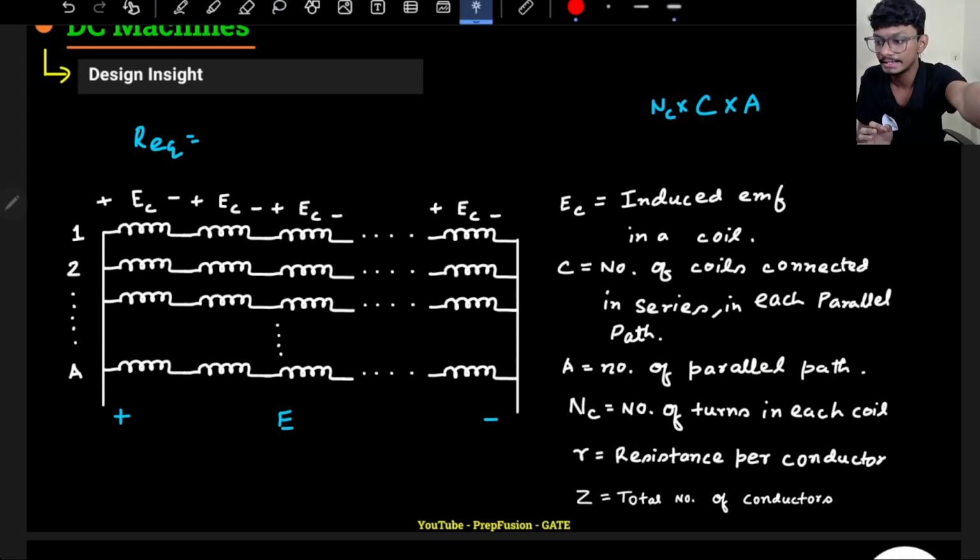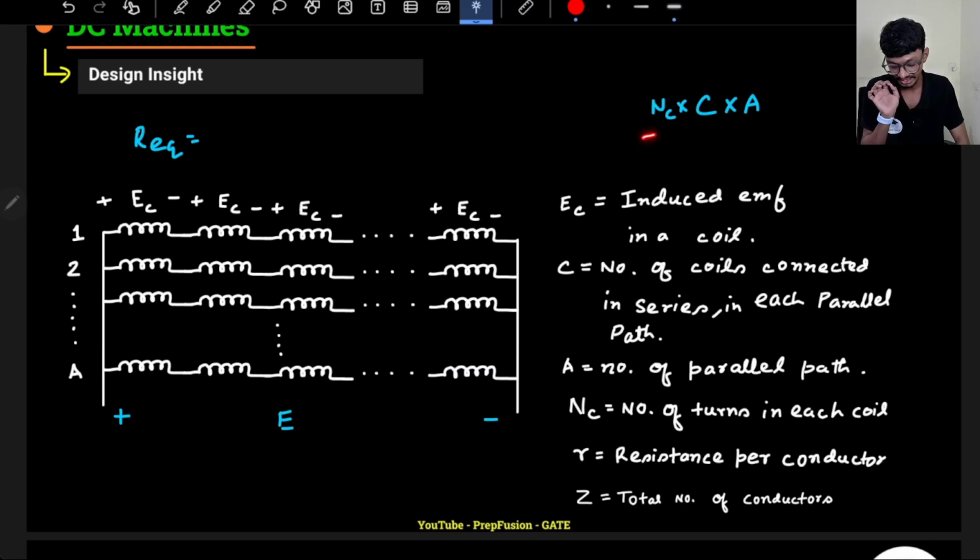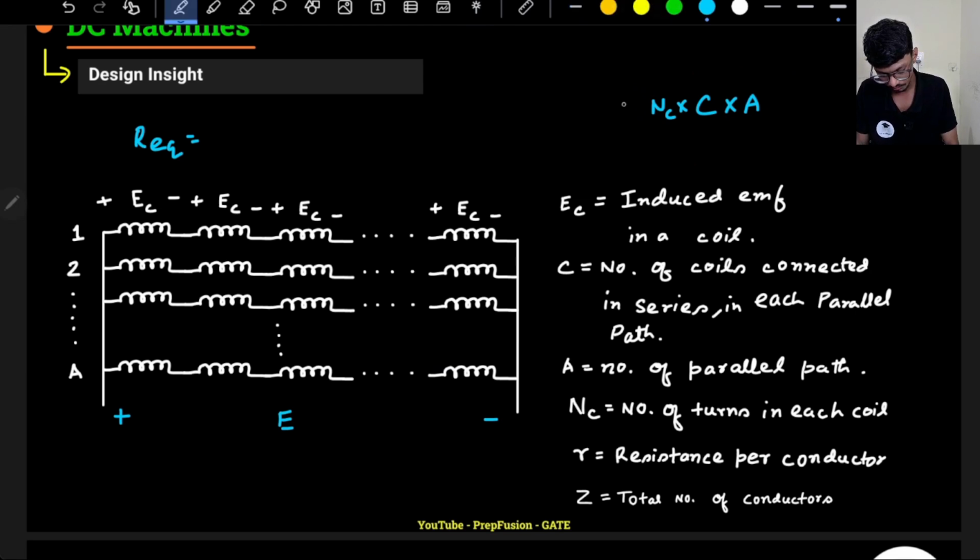Each turn has two conductors. If I have two turns, I have 4 conductors. So if I have NC into C into A turns, I have twice that. So Z equals 2 NC C A.